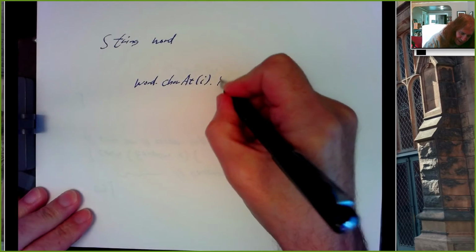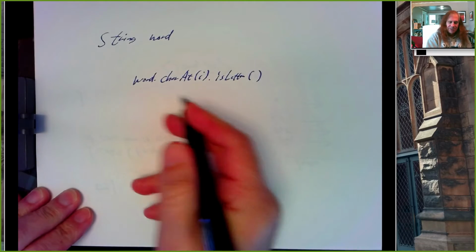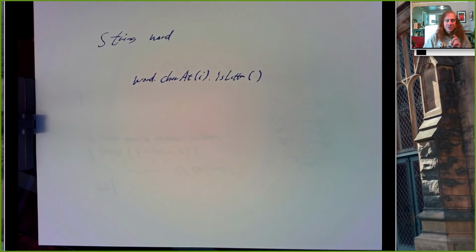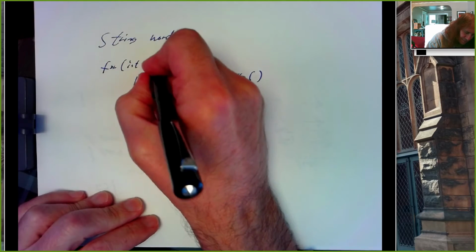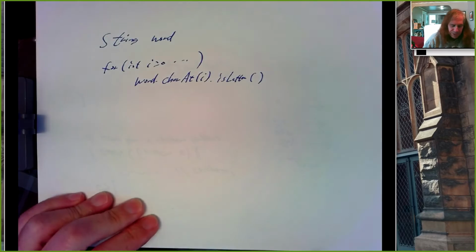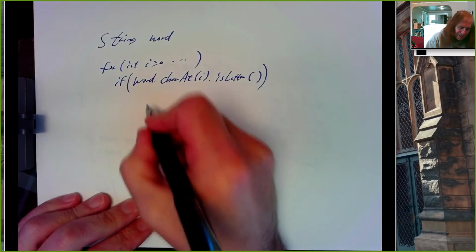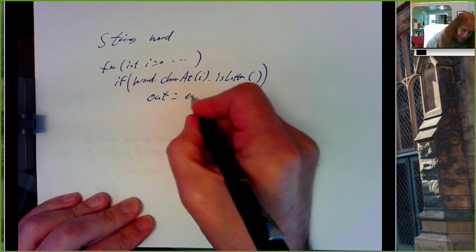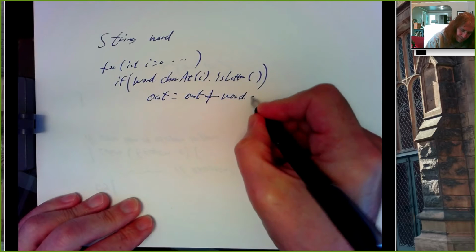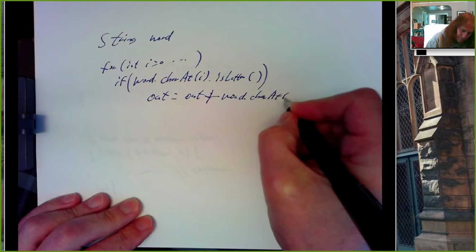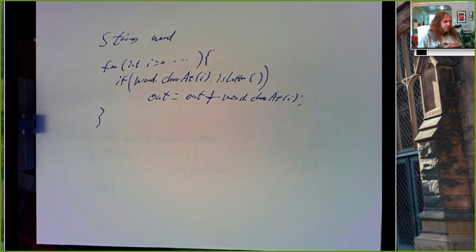And you can call isLetter on that character of that word to see if that character is a letter. And so you can do all this inside a for loop, and you can say if this thing is a letter, then append it to an output string, and do that in a loop.